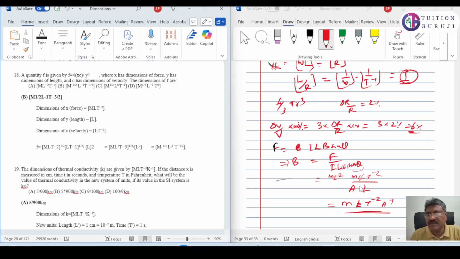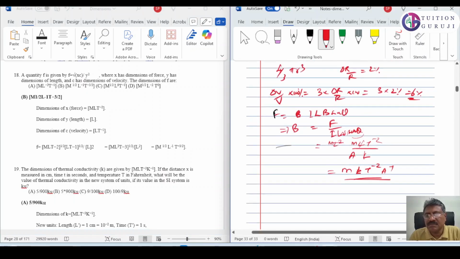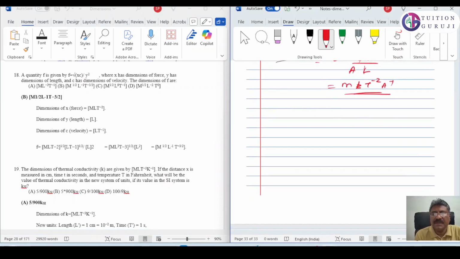So we have to find the dimensions of F. It's given F is equal to square root of X C by Y square. X is force, C is velocity, Y is length.